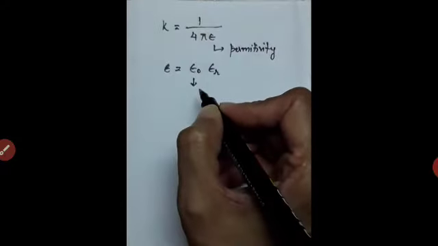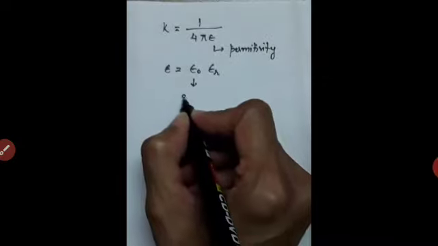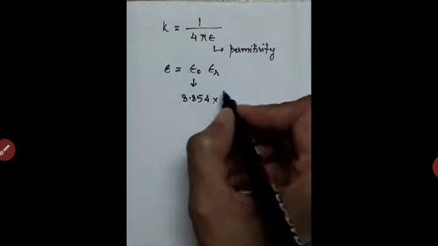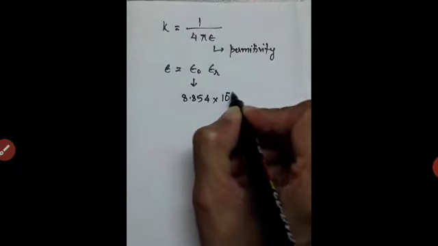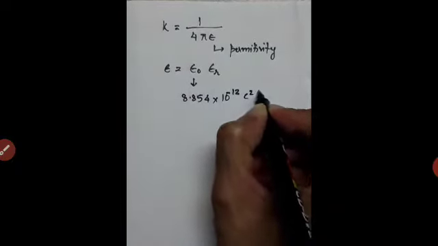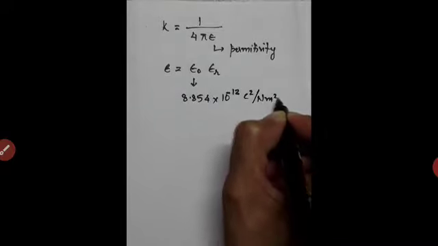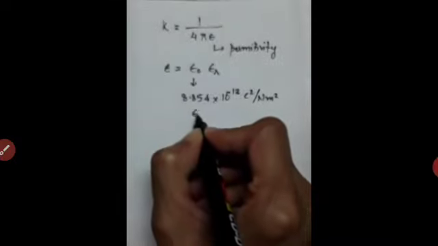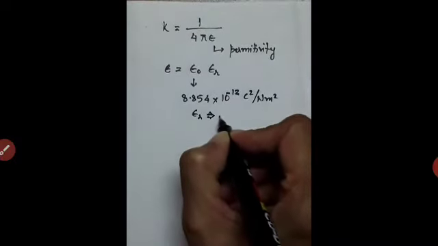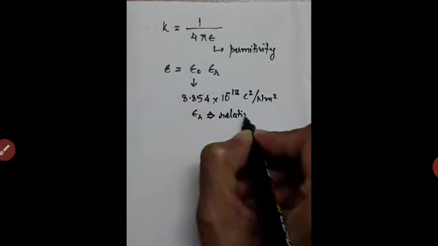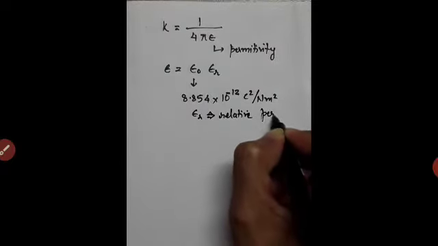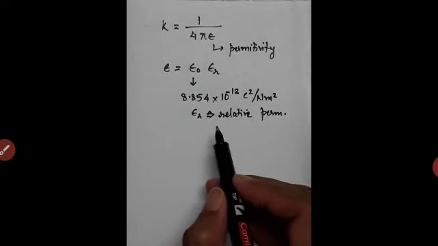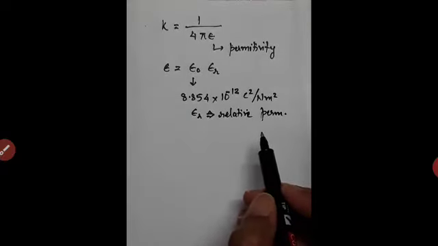The value of epsilon naught is constant, that is 8.854 into 10 to the power minus 12 Coulomb square per Newton meter square. So it's a constant for free space, and epsilon r is called the relative permittivity. So we write permittivity in terms of absolute permittivity multiplied by relative permittivity.